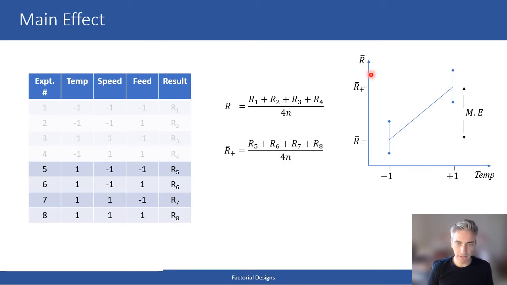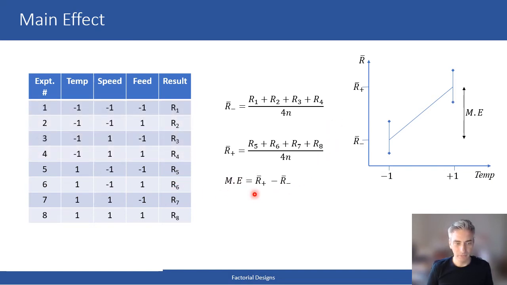So then we can make a line graph. We're assuming that the roughness responds linearly to temperature in this case. So we can look at the difference between the effect when the temperature is high and the effect when the temperature is low, and we can make what's called a main effects graph.